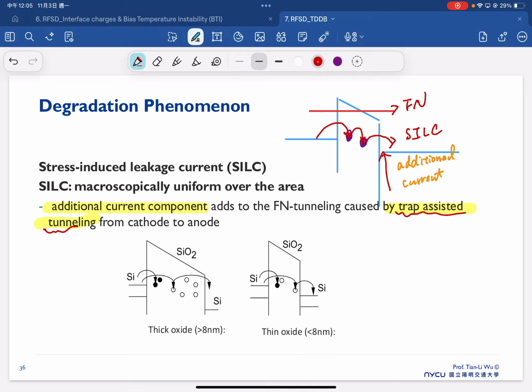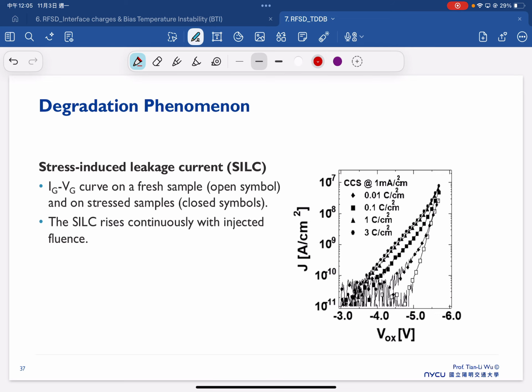And here we can look at some example. You can see this is a real device example. This is a device being stressed under the constant current stress. And in the beginning, the fresh curve is here. But after stress, we look at the IG-VG again.